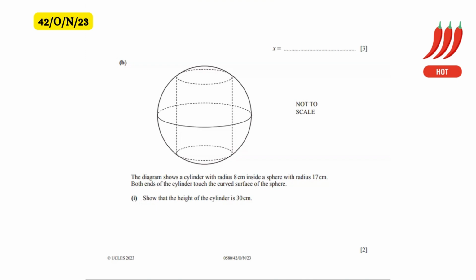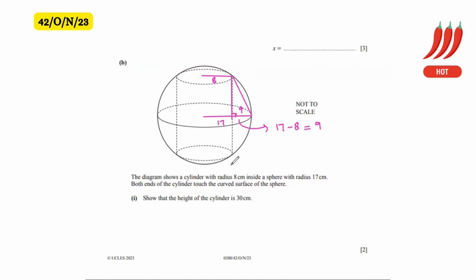So if the radius of the cylinder is 8 and the radius of the sphere is 17, this outside part would be 17 minus 8, which is going to be 9. This is 9. We just make a triangle over here. This is a right angle triangle.